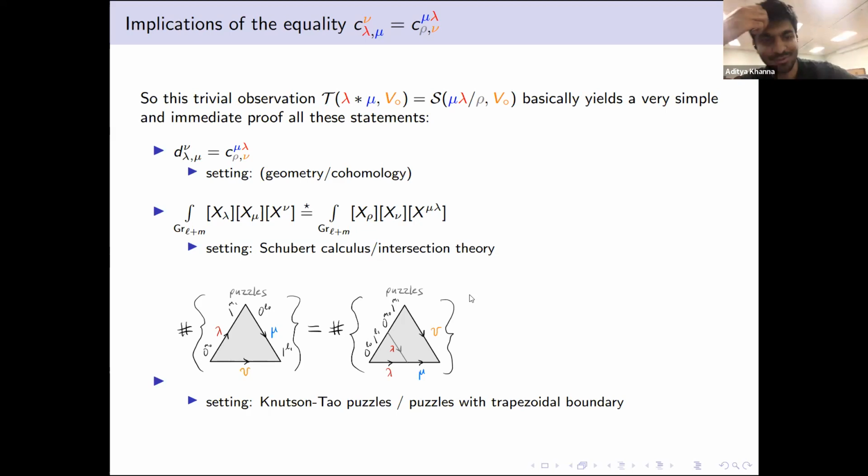I was trying to find if there's a proof of this symmetry of switching the two partitions. I was looking at Nick Loehr's book, which has the proofs of the symmetries of Littlewood-Richardson coefficients.